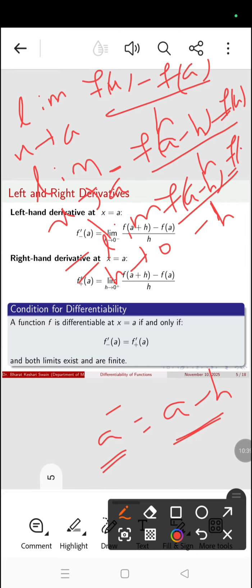Why is it minus h? Because it was f of x minus f of a divided by x minus a.